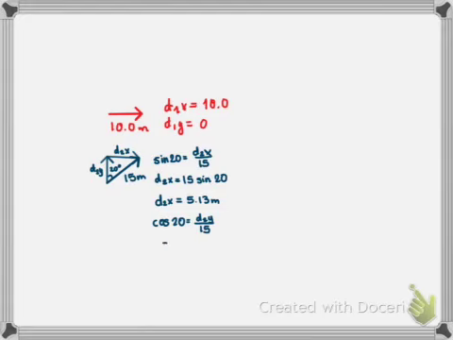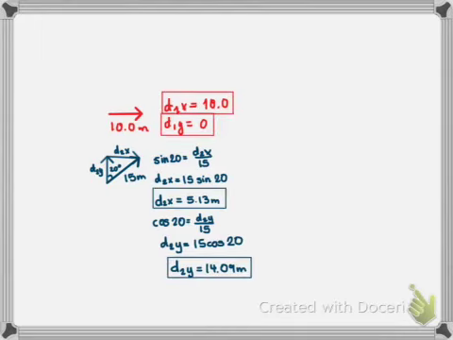So we will solve for d2y, and that's going to be 15 cosine of 20. Again, we use our calculators, so d2y is going to be equal to 14.09 meters. So now we have d1x, d1y, d2x, and d2y. So let's use that in the formula we just had before to solve for Rx and Ry.